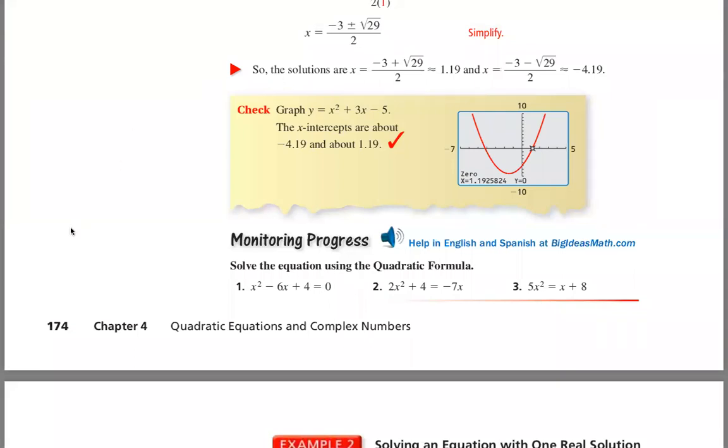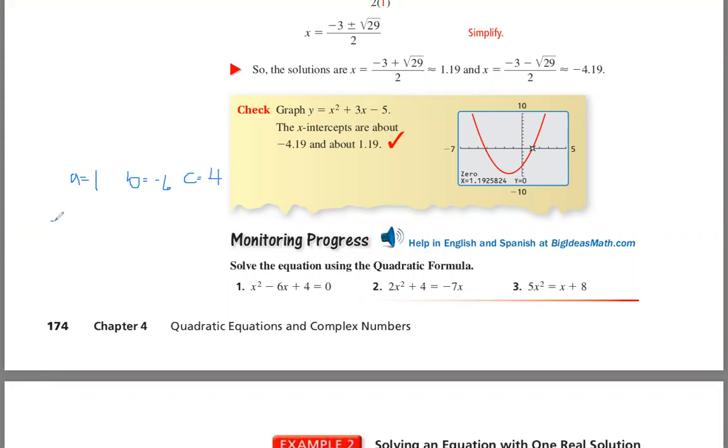So let's get going. Okay, so I know my a is going to be equal to 1. There's not a number there. My b is going to be equal to negative 6, and then my c is going to be equal to 4.